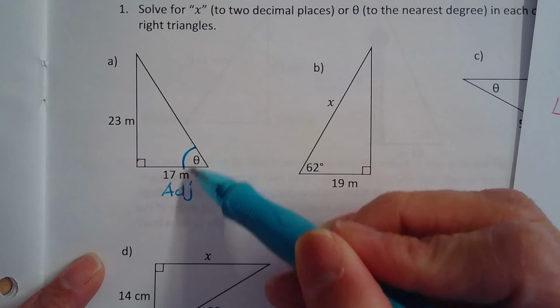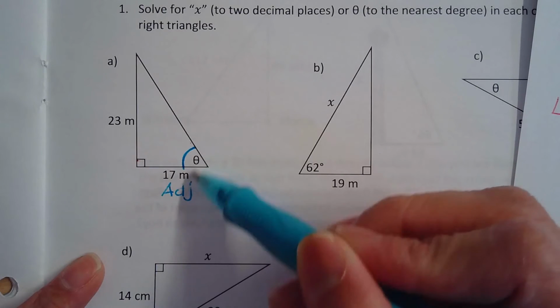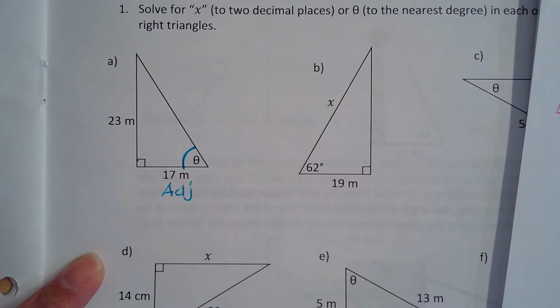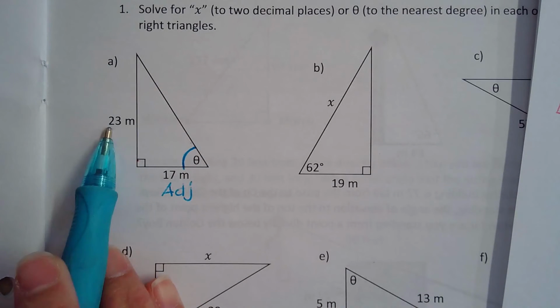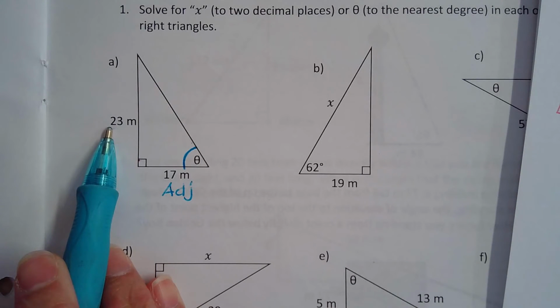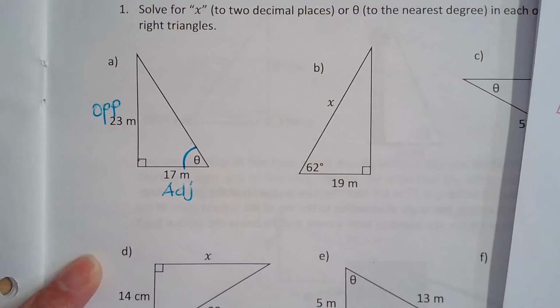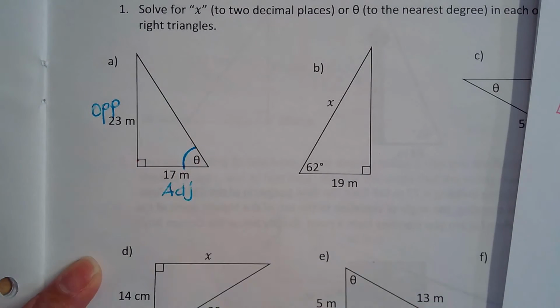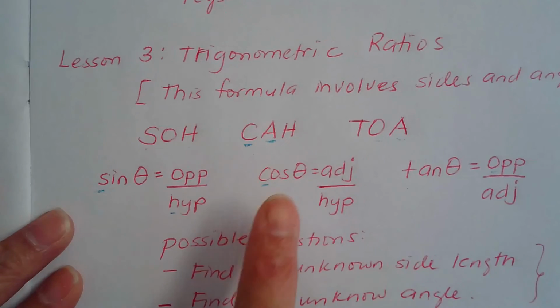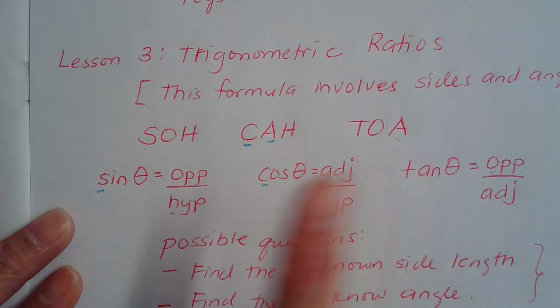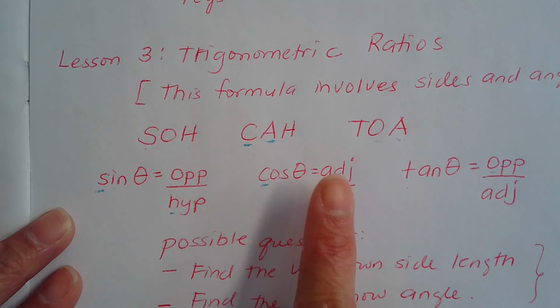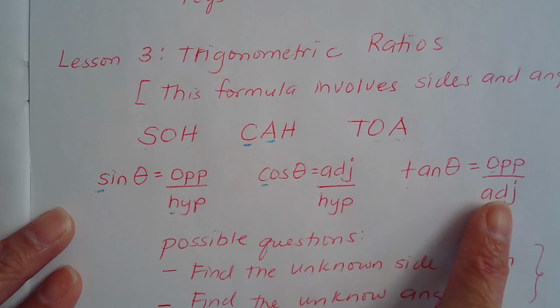Adjacent because it's right beside the theta, right beside the angle. What do you call this side? Opposite, yeah? So opposite. And that's our theta. So which of the trig ratios are we going to use? Is it sine? Is it cosine? Or is it tangent?